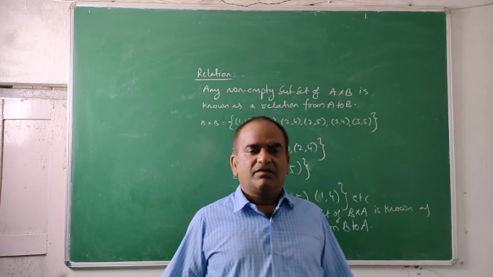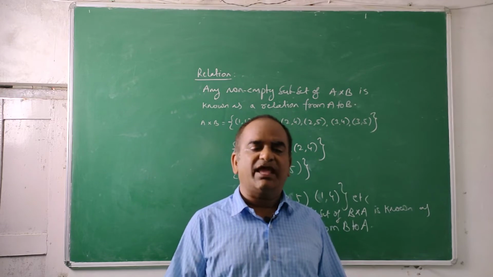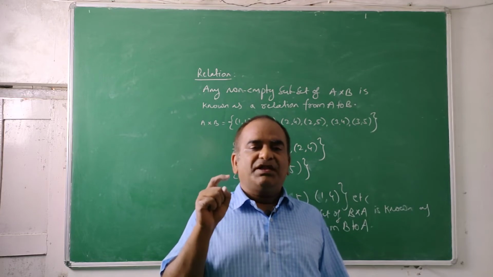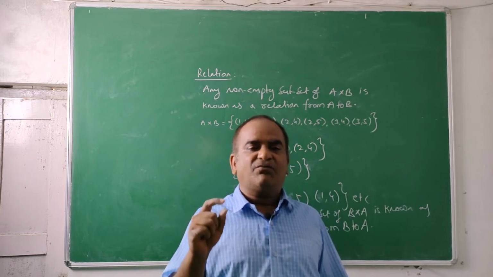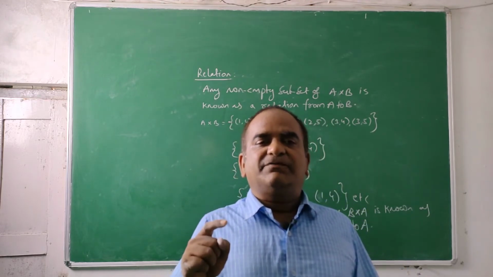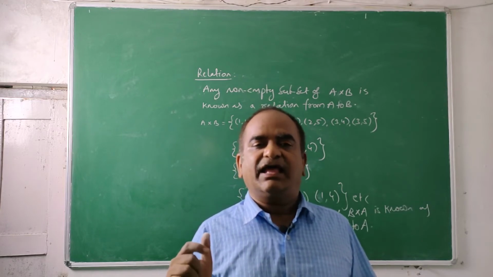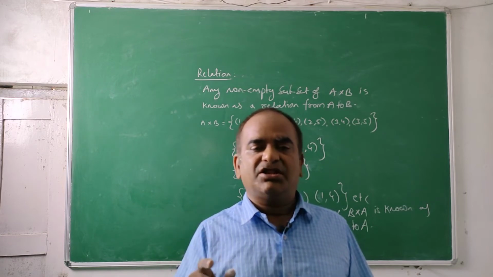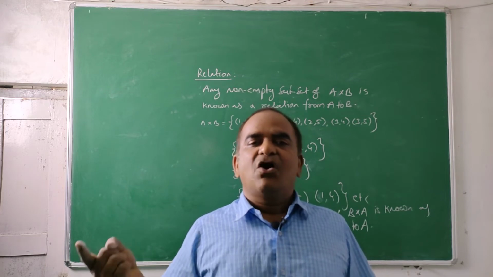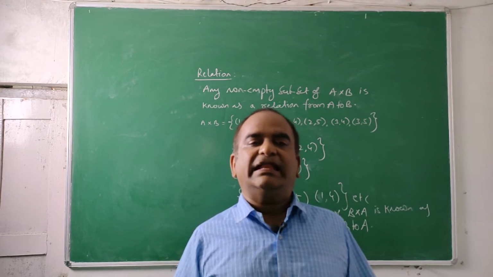Whether it may be a relation from A to B or a relation from B to A, you will see ordered pairs in a relation. So, relation is a set of ordered pairs. In any set, if you are seeing ordered pairs as elements, then it is a relation. Once again I will repeat, in any set, if you are seeing ordered pairs as elements, then that set is a relation.